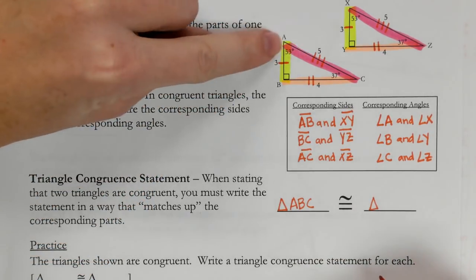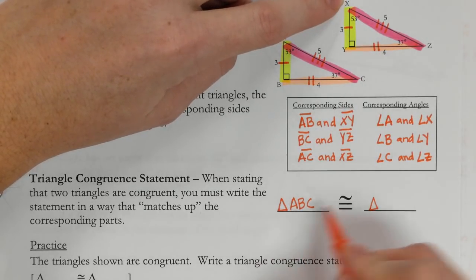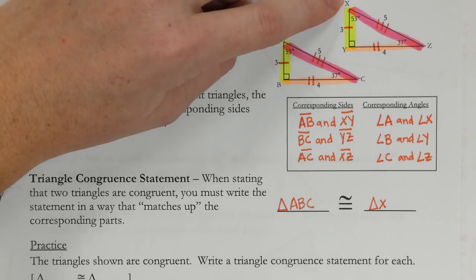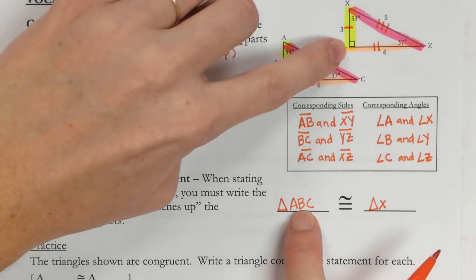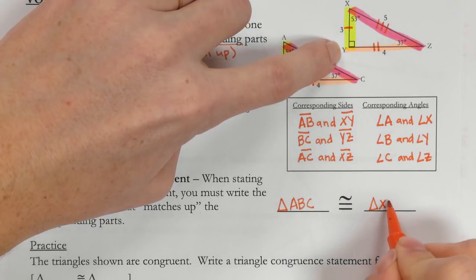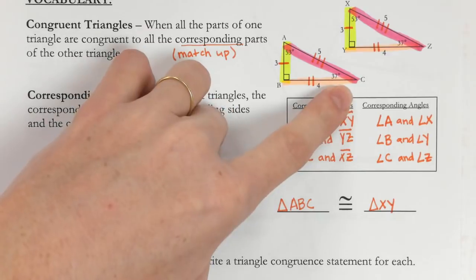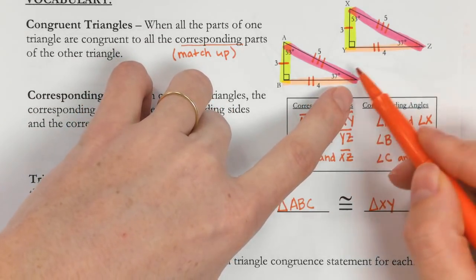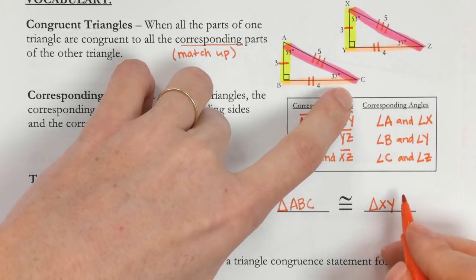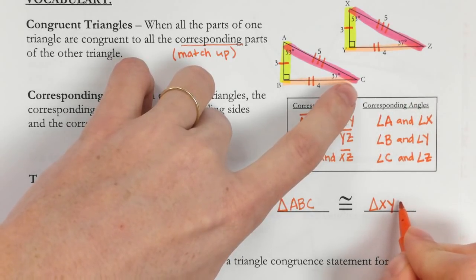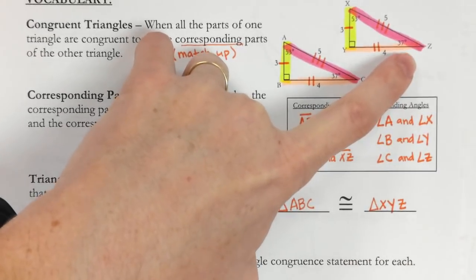So, since I said A corresponds with X, since A is first here, X has to be first here. Then, since B is second and Y corresponds with it, then I have to put Y second, and since C is last, remember that corresponds with Z, because of the 37 or because of the colors or the tick marks, any way you want to remember it. But C is the last letter, and it corresponds with Z, so that has to be the last letter.